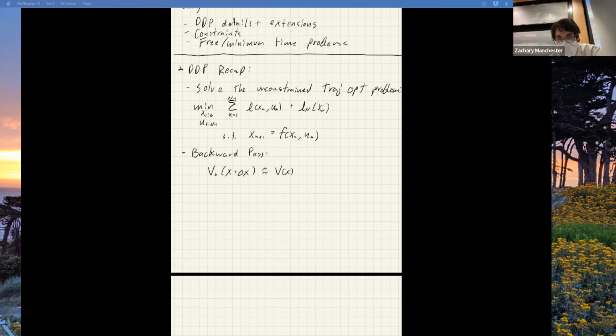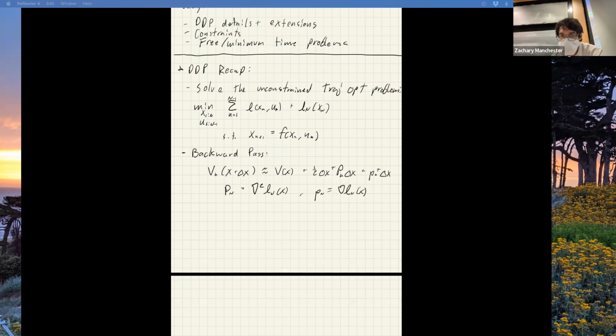So we get something that looks like this. And we start things off at time step N by just using the Taylor expansion of the terminal cost. So we get P_N equals the Hessian of the terminal cost, and we get little p_N, the gradient of the terminal cost.